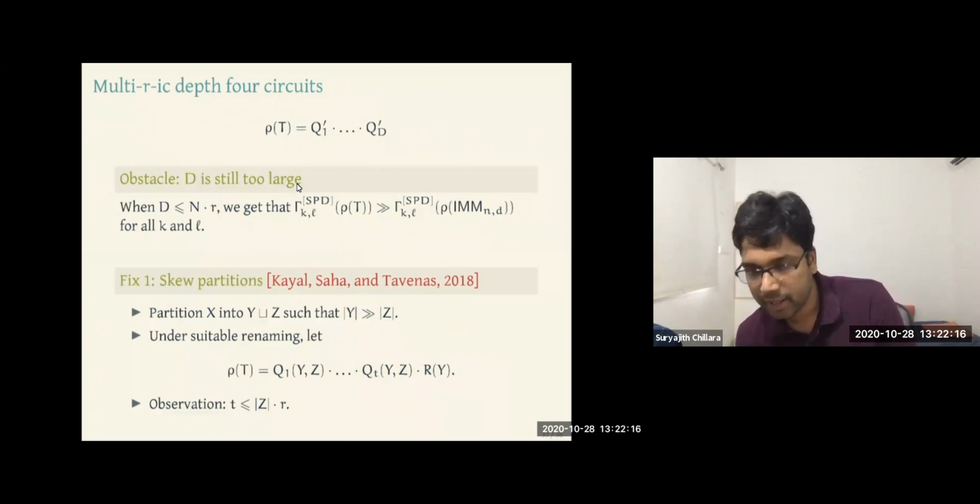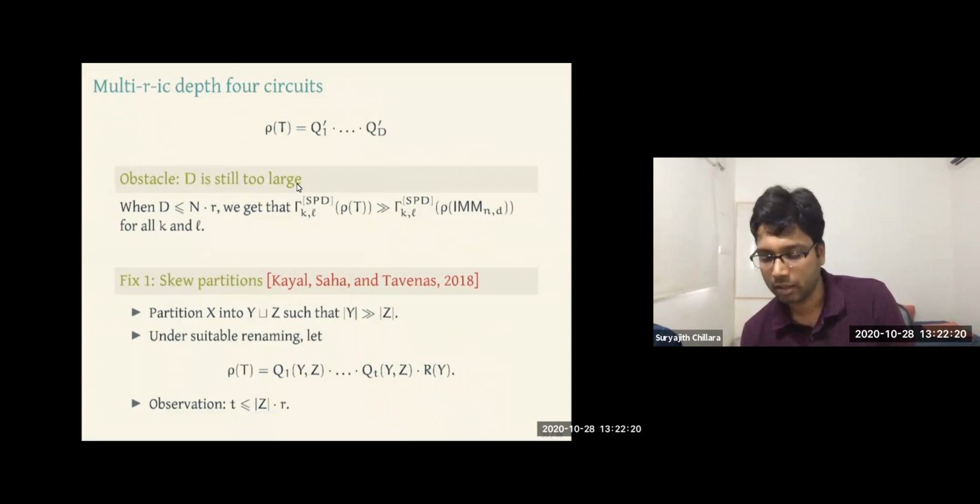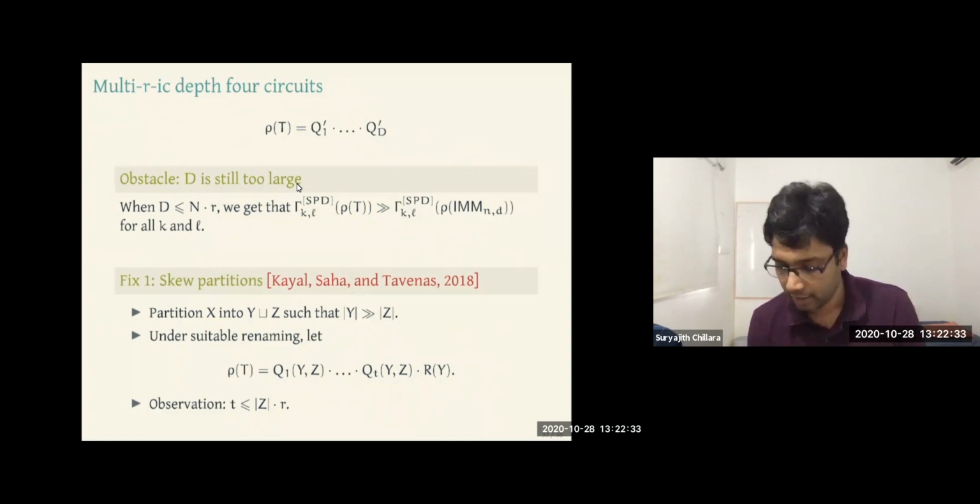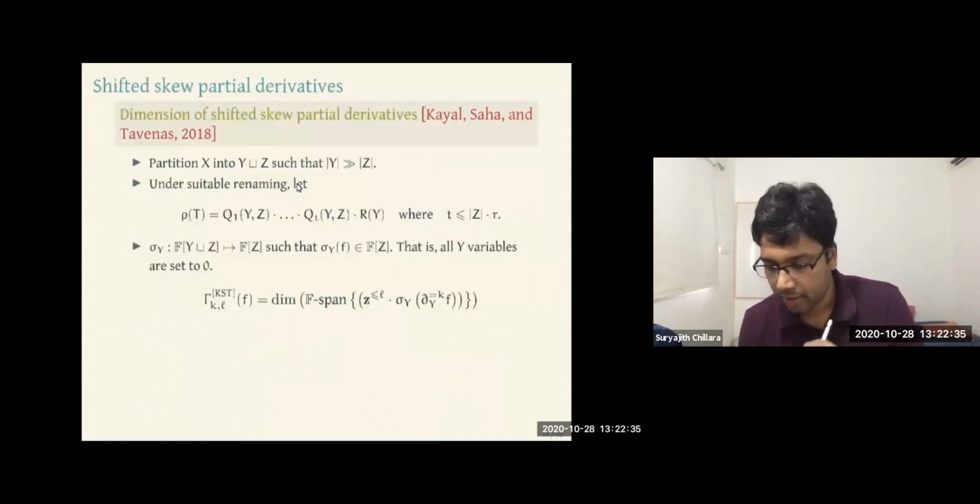From syntactic multi-arity, we know that t is bounded. So the number of polynomials that depend on z variables is small. Now, if we could adapt our measure to only consider these polynomials and still get a small enough measure, then we are good. This is exactly what they do.